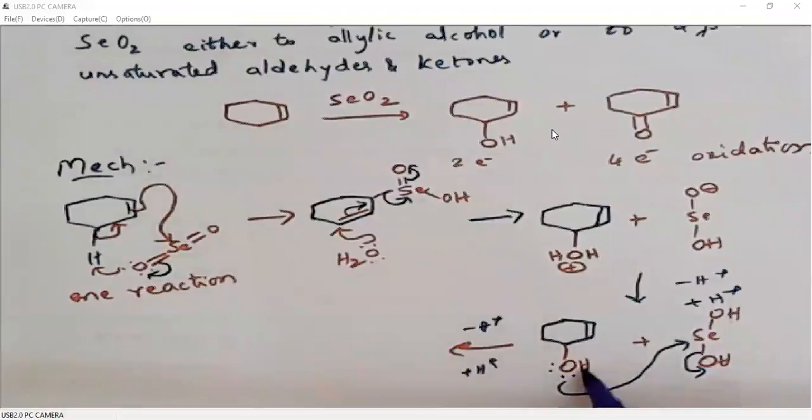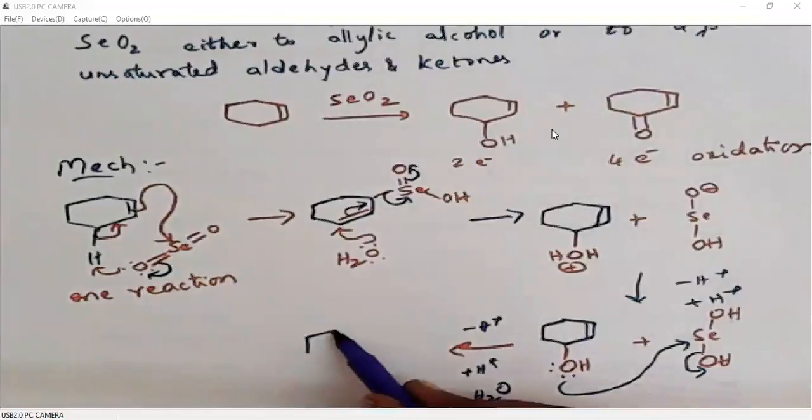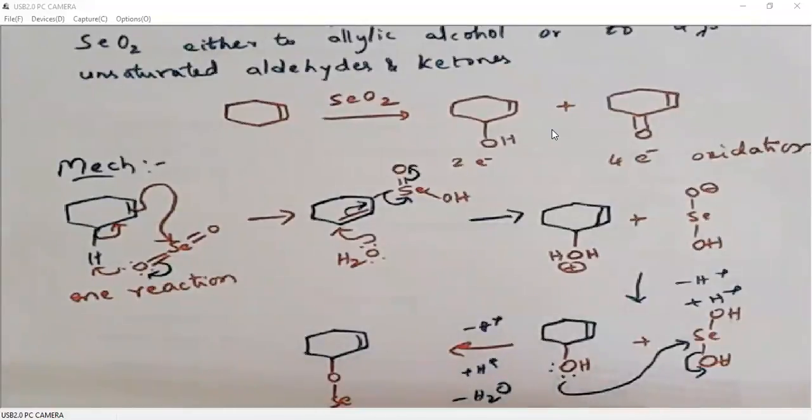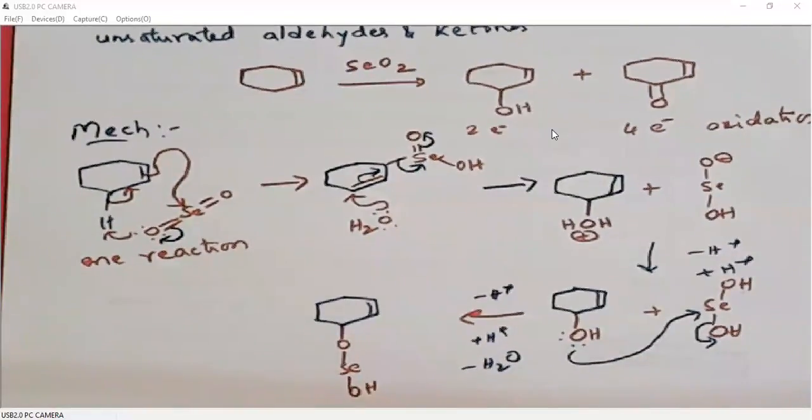That means we will take out the proton here and add a proton to here. So it becomes water, right? We will take out water and we have oxygen, selenium and OH. And in the final step, like in DMSO oxidations, what happens?